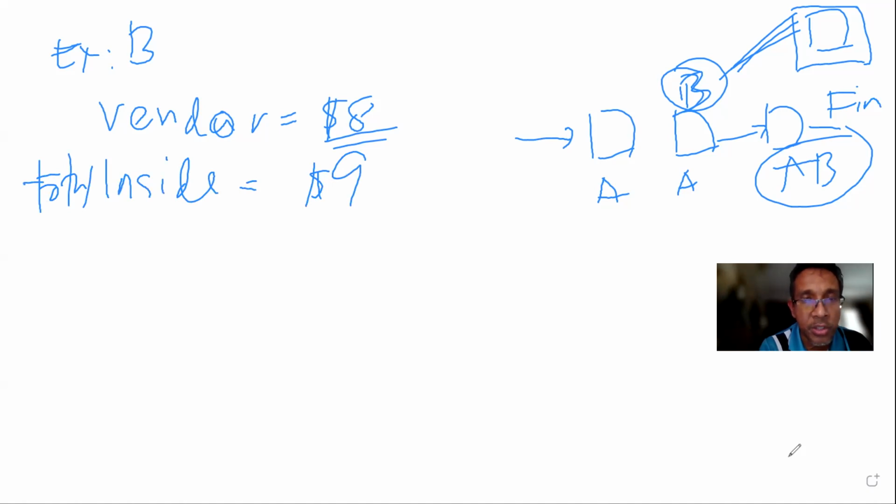For example, for 1,000 units total, when they supply 1,000, it is $8 per unit, and if you make inside, $9 per unit.